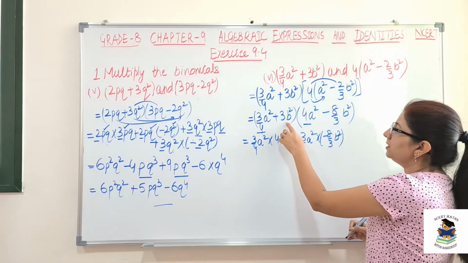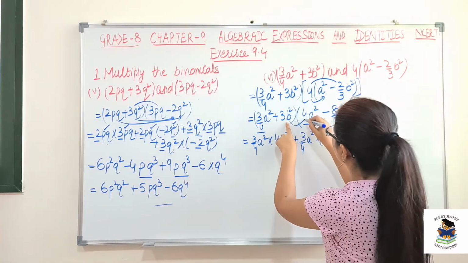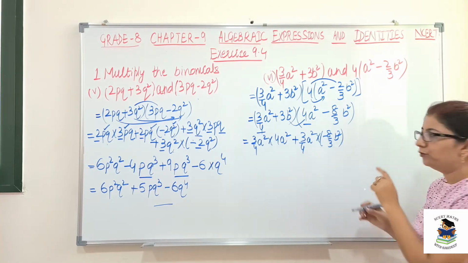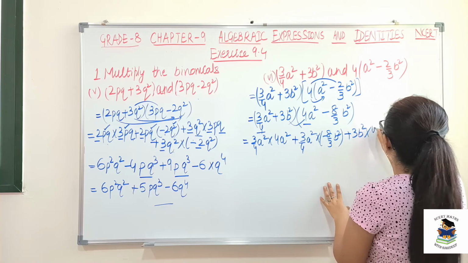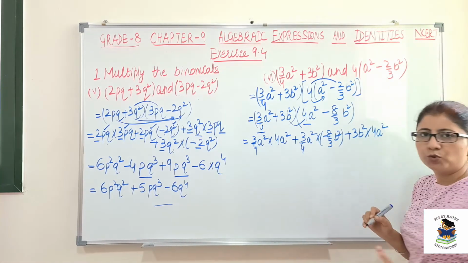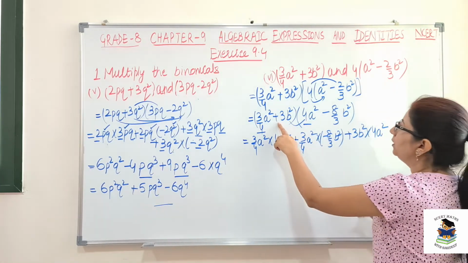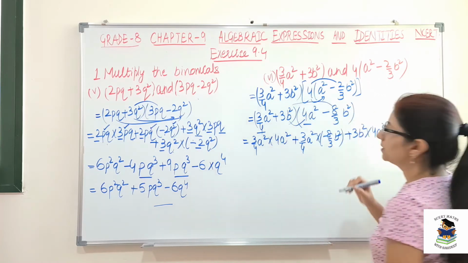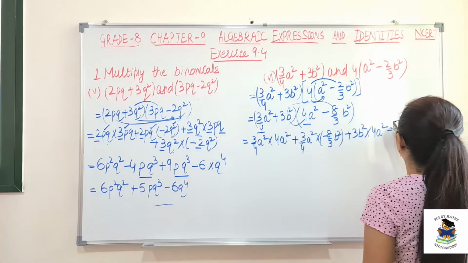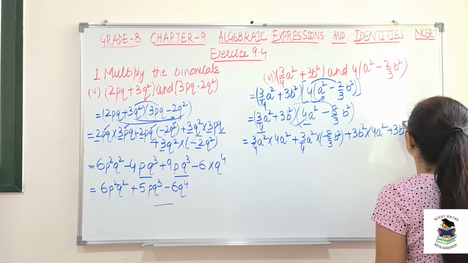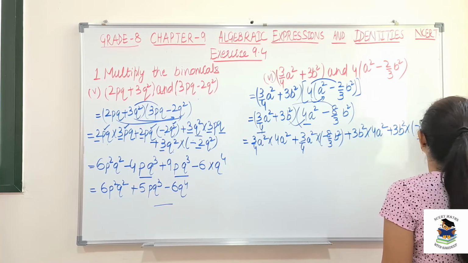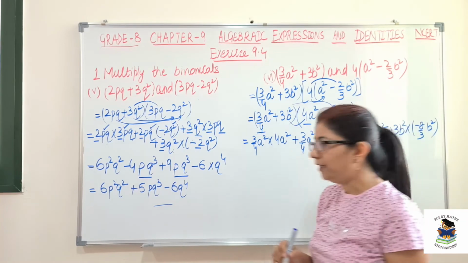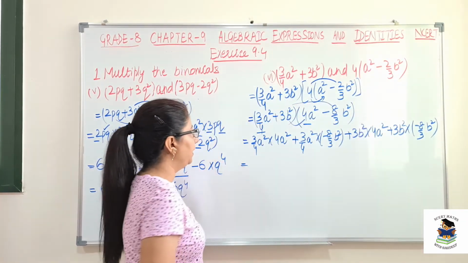Okay. So now this 3b square should be multiplied with 4a square, that is 3b square into 4a square. Correct? So this 3b with this. Okay. So we have 3b square multiplied by minus 8 by 3b square. Right? Now we will simplify them.